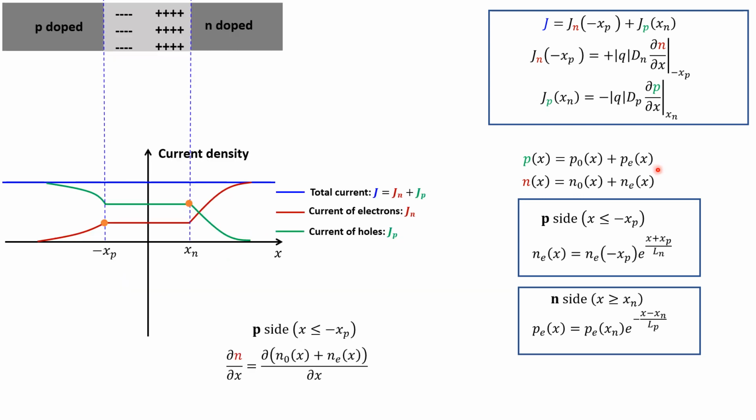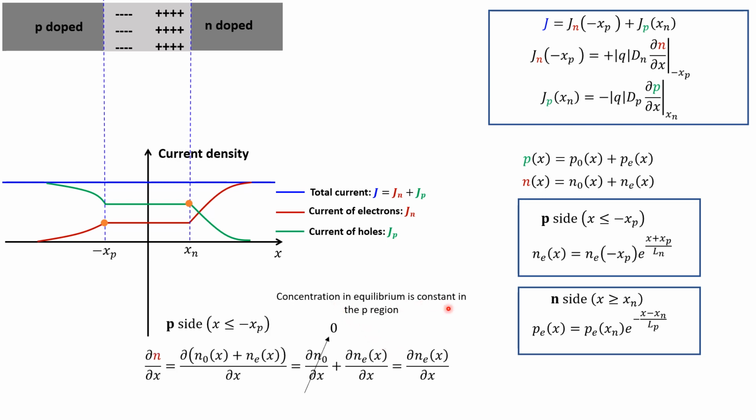Okay, so now we need to evaluate this derivative and this derivative to find this current and this current. Let's begin by evaluating this derivative here. Recall that we are interested in the derivative in the p-doped region, and after we evaluate it, we're going to take the value at the point minus xp. So this is the derivative of n. We're expressing it in terms of the concentration in equilibrium plus the excess concentration.